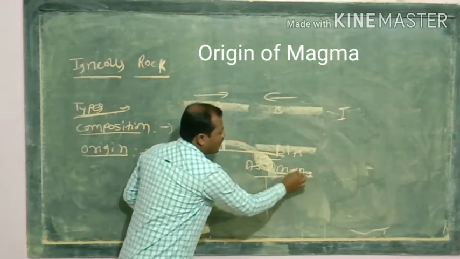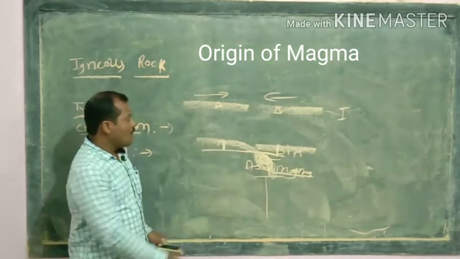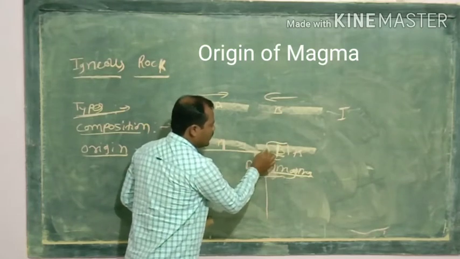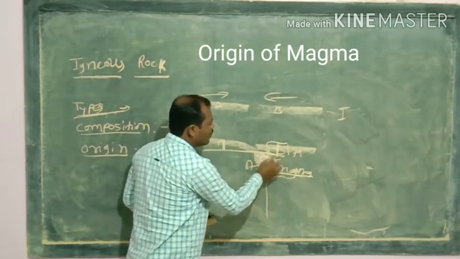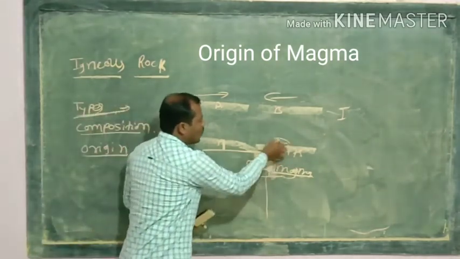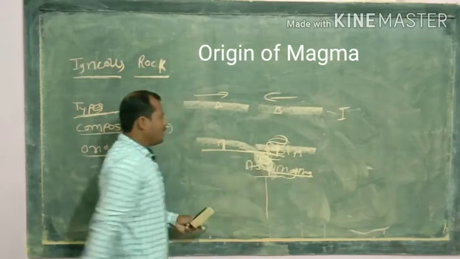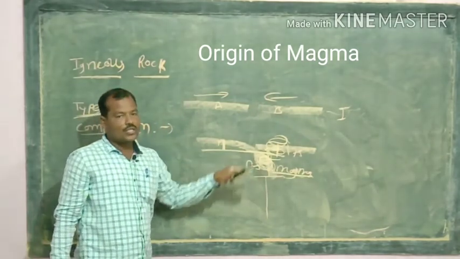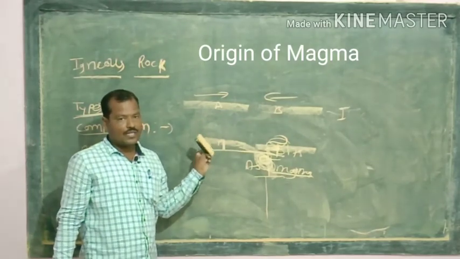This magma again comes onto the earth surface, as well as injecting between the layers of the earth. In this way new rock is formed, and this is the origin of magma. Now for today's lecture, this is sufficient material.